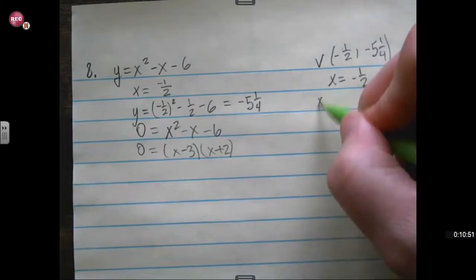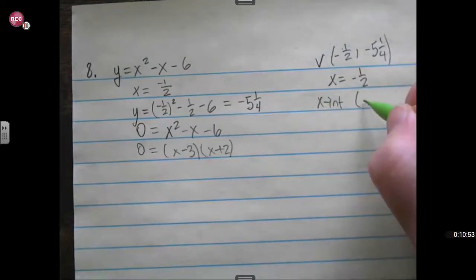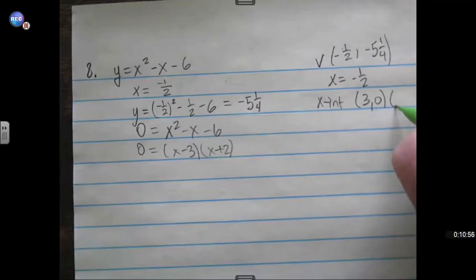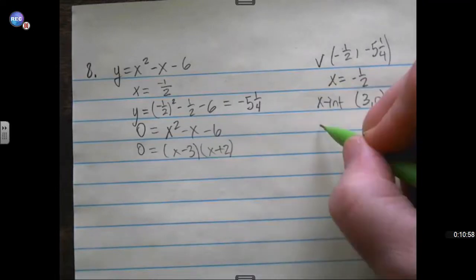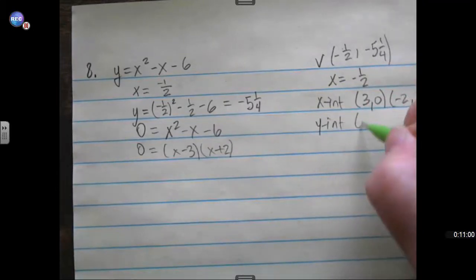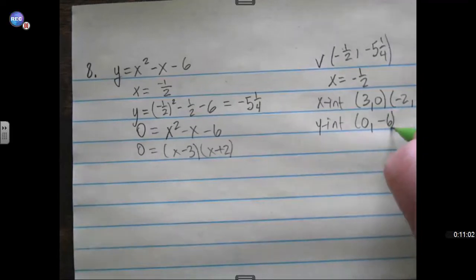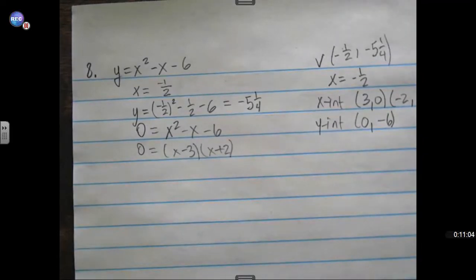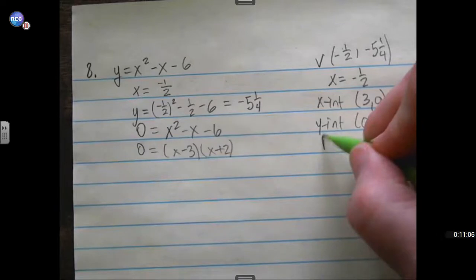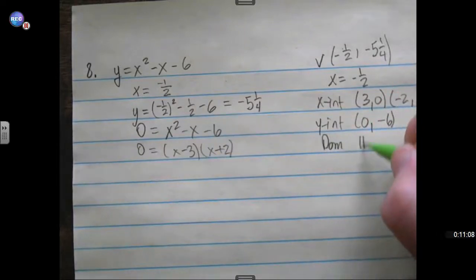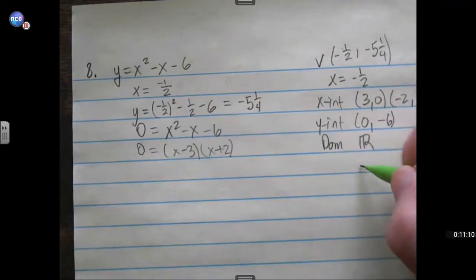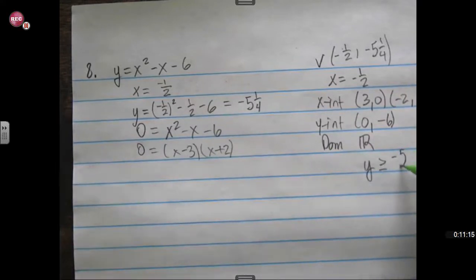So my x-intercepts are 3, 0, and -2, 0. The y-intercept is 0, -6. The domain is all real numbers. In the range, y is greater than or equal to -5 1/4.